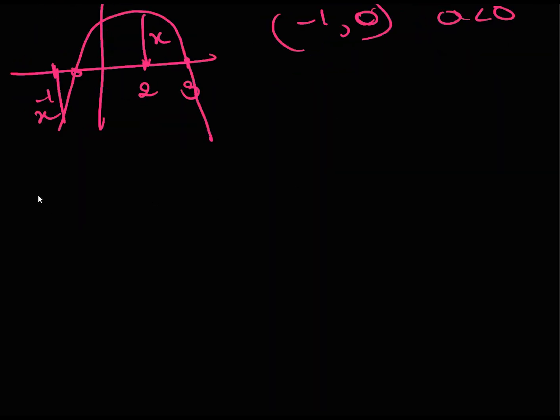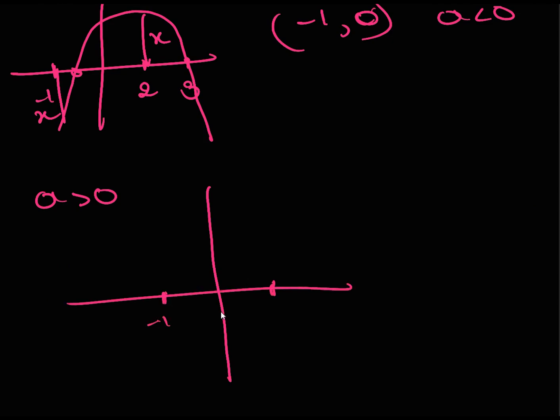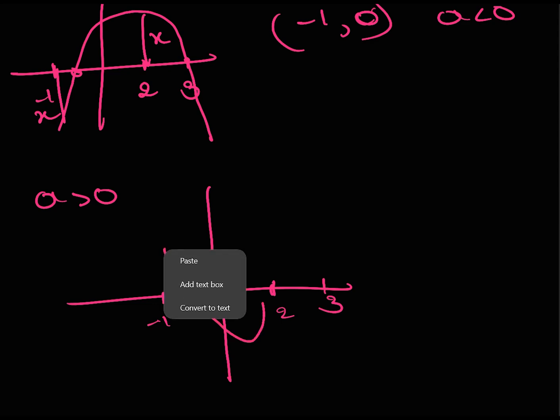And for the case a greater than 0, we get like this, minus 1, 2, 3, with f of 0 less than 0. Therefore, the graph will look like this.